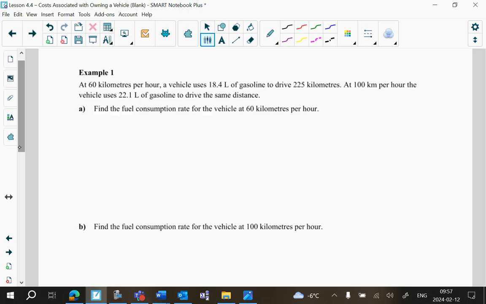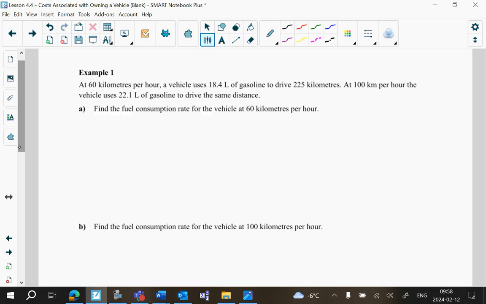Okay. So if you drive a vehicle at 60 kilometers an hour, the vehicle is going to use 18.4 liters of gas to drive 225 kilometers. If you drive 100 kilometers an hour, the vehicle is going to use 22.1 liters of gas to drive 225 kilometers. So we want to calculate the fuel consumption rate at each speed.